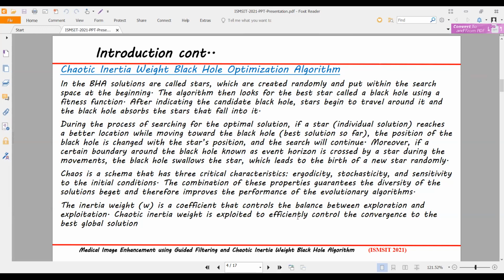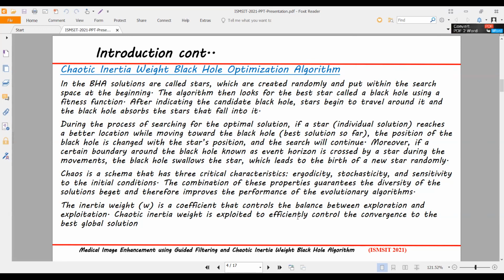After identifying the candidate black hole, stars begin to travel around it, and the black hole absorbs the stars that fall into it. During the search for the optimal solution, if a star reaches a better location while moving toward the black hole, the position of the black hole is swapped with the star's position, and the search continues.